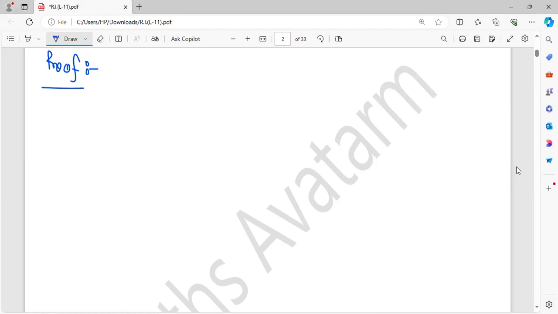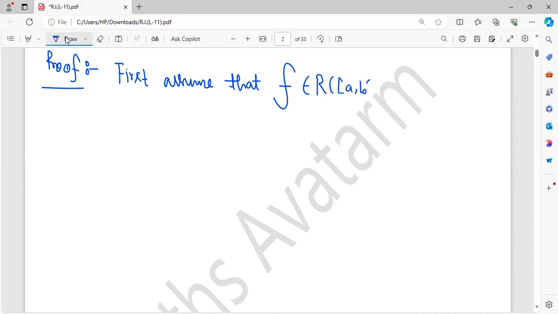First, assume that f is Riemann integrable over closed interval [a, b].